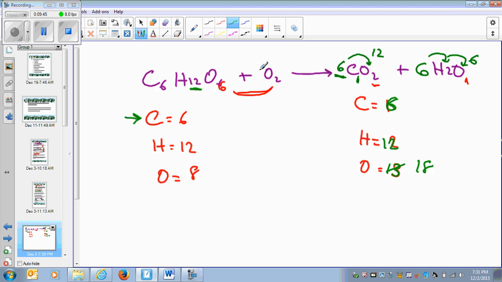Now I multiply this with 9, no, not 9, hold on a second, because I already have 6 right here. Out of 18, I have 6 here, so I need 12. If I multiply this with 6 to get 12, that will give me 12 plus 6, which is 18.